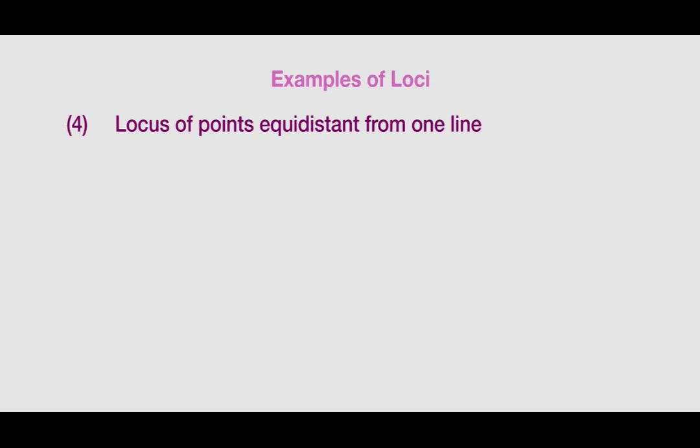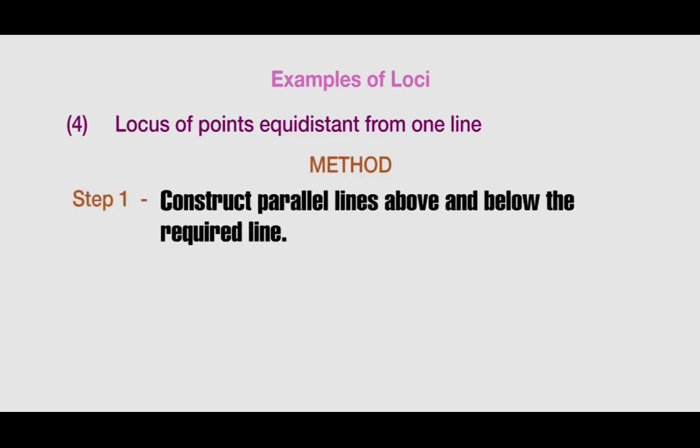Just as we can construct the locus of points equidistant from points, we can also construct the locus of points equidistant from lines. So let's look at the fourth one, the locus of points equidistant from one line. To construct the locus of points equidistant from one line, step 1, construct parallel lines above and below the required line.